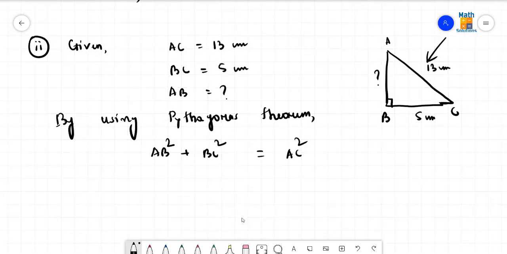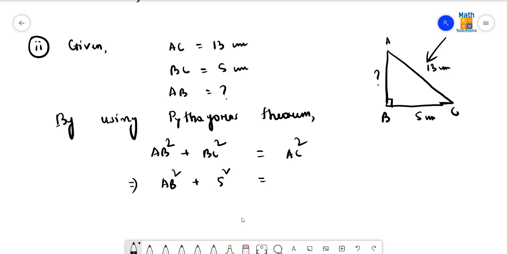So after this, in the respective places we have to put the values. So AB square is not yet known to us, BC is 5 square, then AC is 13 square. So what did I get? AB square equals 169 minus 25. 13 square means 169 and 5 square means 25. So we can write here AB square is equal to 144.